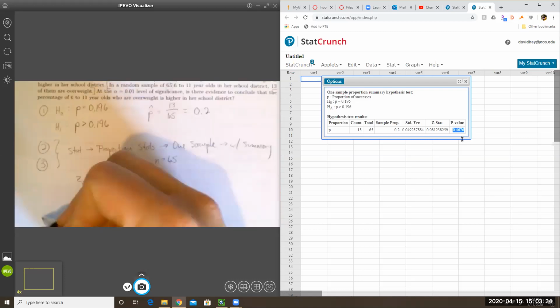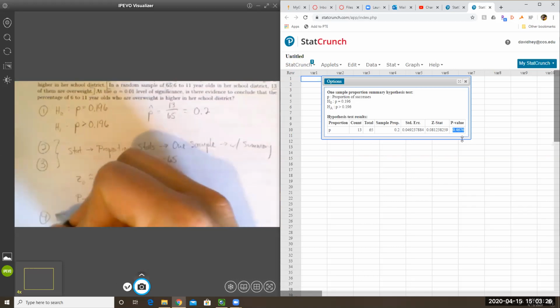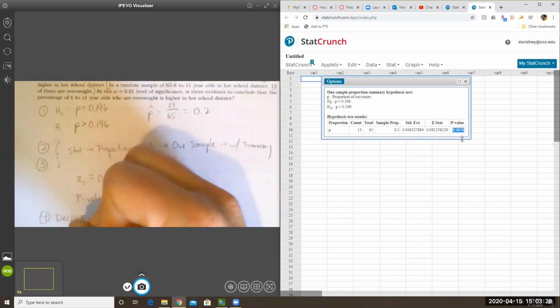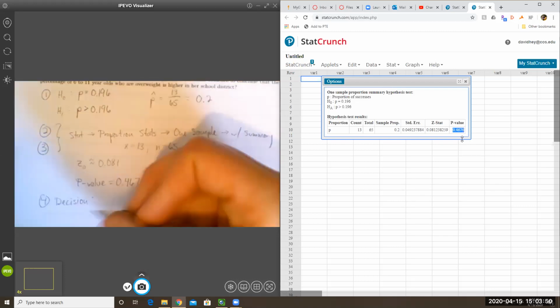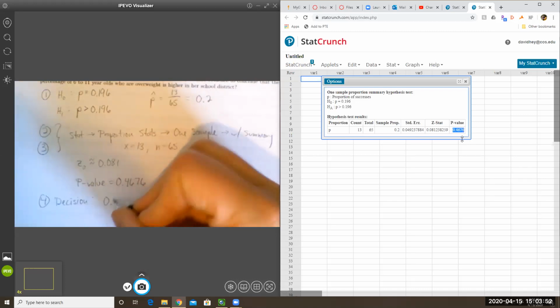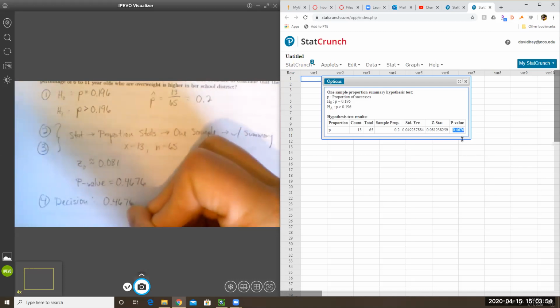Now step 4 is to make a decision. The decision we're trying to make is whether or not we should reject the null hypothesis. The way we make that decision is we compare our p-value to alpha. If the p-value is less than alpha, then we reject the null hypothesis. So, let's see, our p-value, 0.4676.